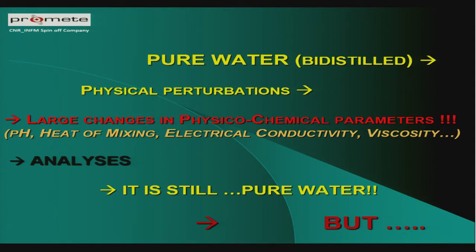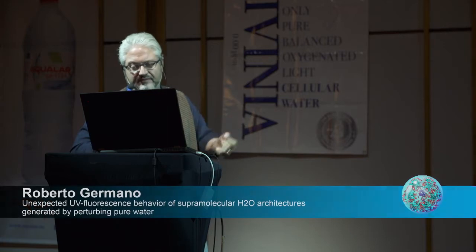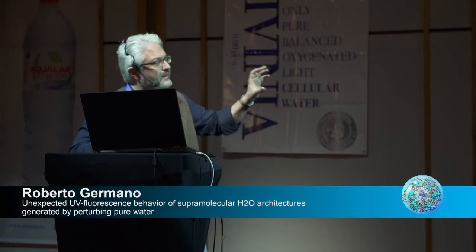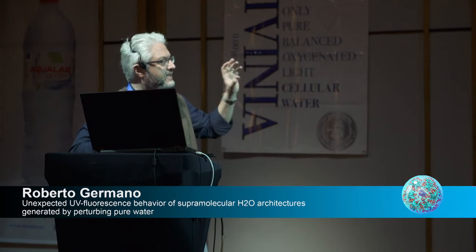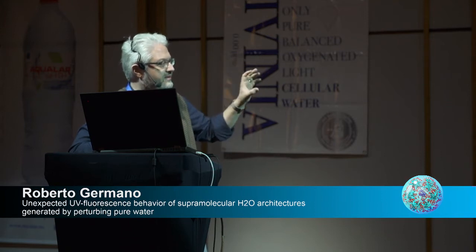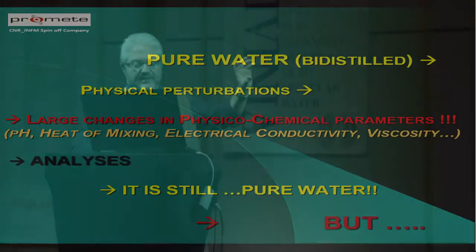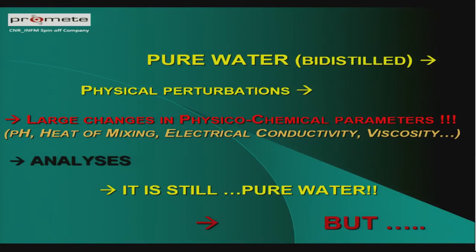Also heat of mixing, electrical conductivity, which changes by 3 orders of magnitude, that is from 1 to 1,000, viscosity and so on. That is, very large changes are happening in the liquid water properties. But the analyses now clearly show that it is still pure water.